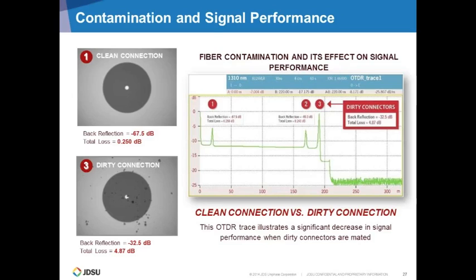Now, if there is a 3 dB requirement for your link, then this dirty connector, which is not significantly dirty but is on the core of the fiber because the contamination is on the wrong spot, will basically fail your link.